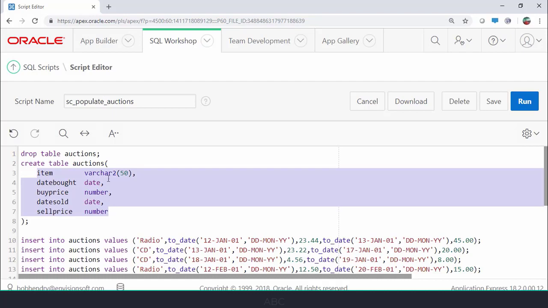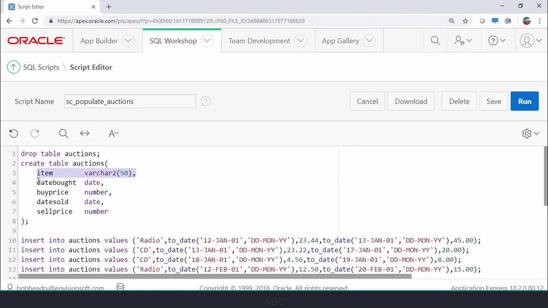So we have the item column. This is going to be the item in an auction that was bought. We're going to have the date the item was bought. We're going to have how much we bought the item for. Then we're going to have the date that we sold the item, and then how much we sold the item for.